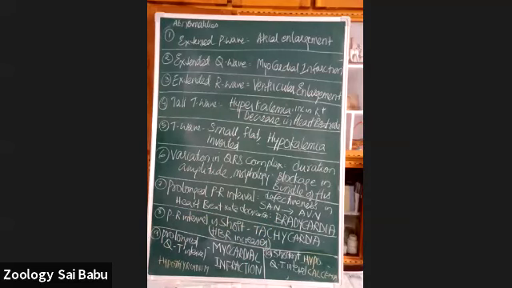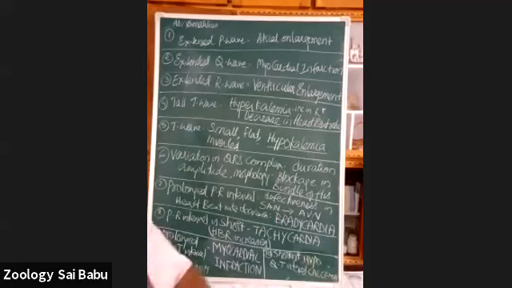Then comes next: the PR interval is short. It indicates tachycardia. Tachycardia means the heartbeat rate increases, with the number of beats per minute being more than 100.